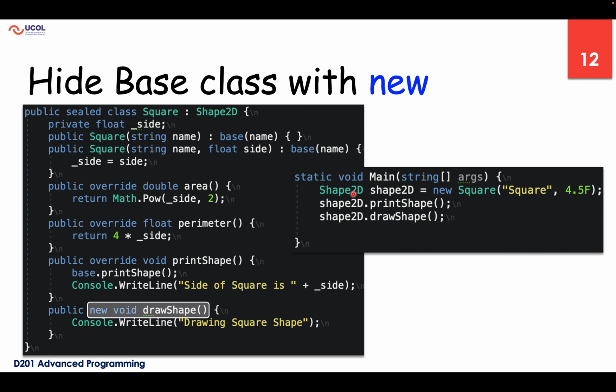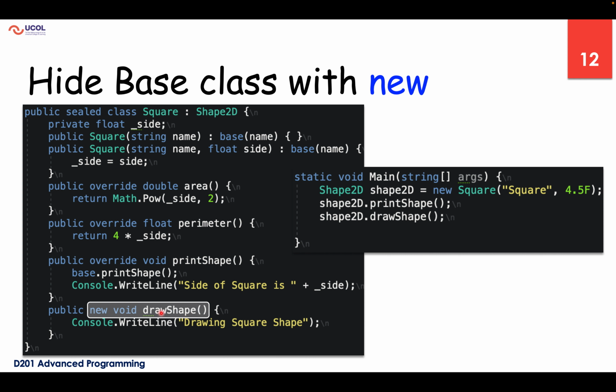We are creating the square class object, and we are assigning it to the shape 2D parent class reference variable, not the object, the parent class reference variable, and then we are calling the print shape and the draw shape method. Now, as we say public new void draw shape, it will disconnect the relationship between the parent class and the child class.